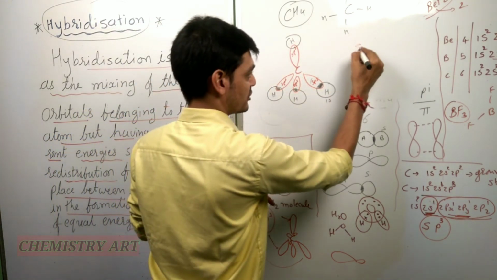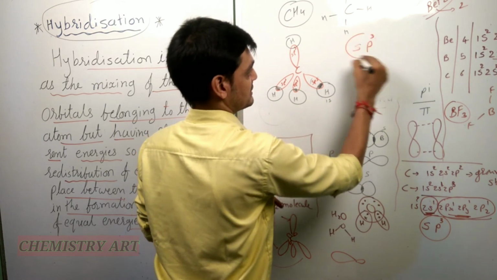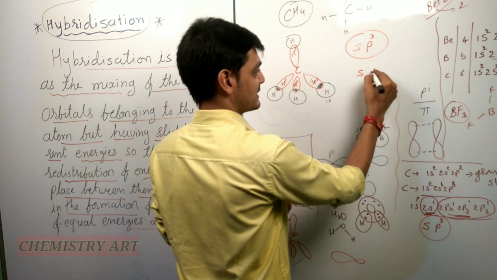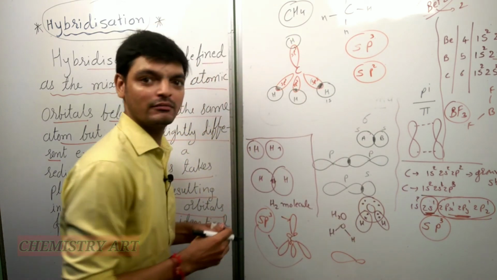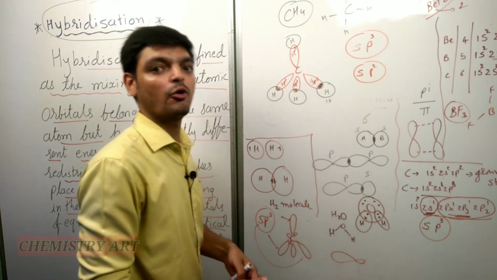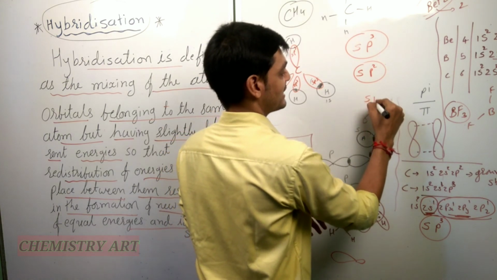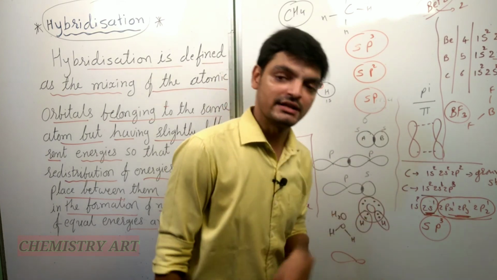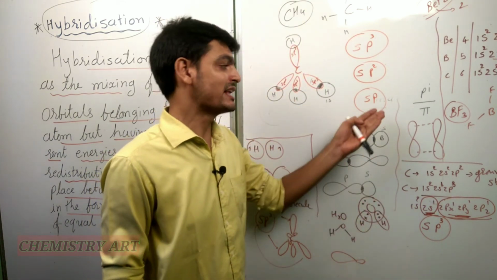If one s orbital and 3 p orbitals are participating, it forms sp3 hybridized orbitals. If one s and 2 p orbitals participate, the orbitals formed are called sp2 orbitals. And if one s and 1 p take part in hybridization, the orbitals formed are called sp.